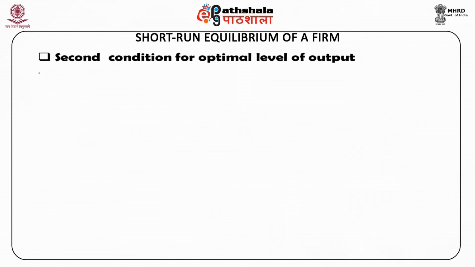The second order condition for profit maximization of a perfectly competitive firm requires that the second derivative of the function be negative. Hence, ∂²π/∂Q² should equal ∂²Total Revenue/∂Q² minus ∂²Total Cost/∂Q².